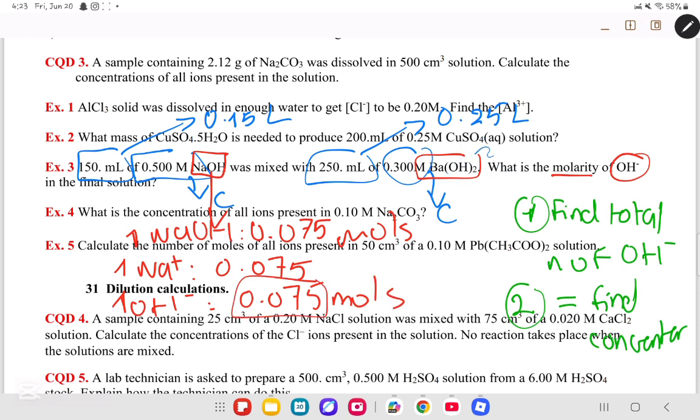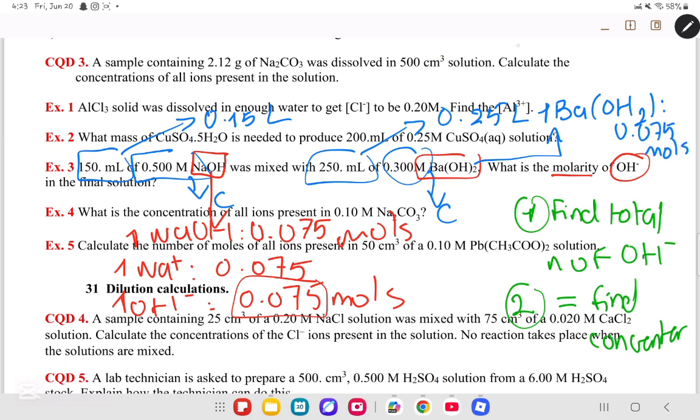Now for this one, we're going to do the same exact thing, right? We take the volume, 0.25, multiplied by the concentration. We will get that 1 Ba(OH)2 will give us 0.075 moles.